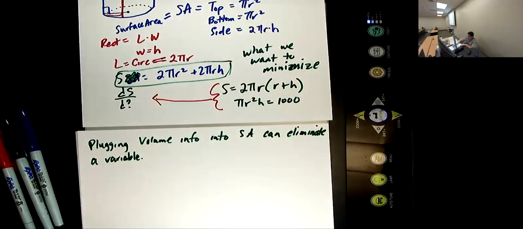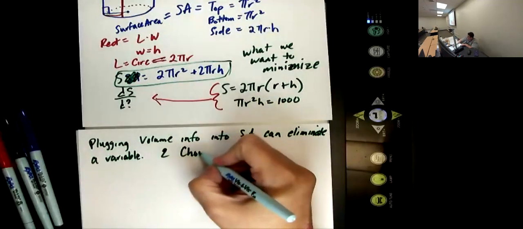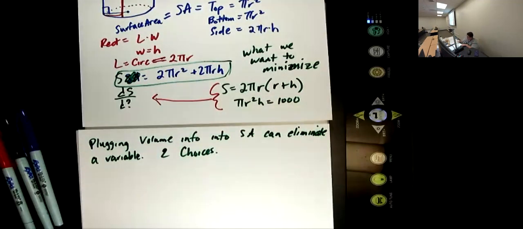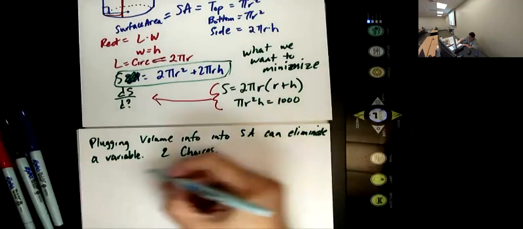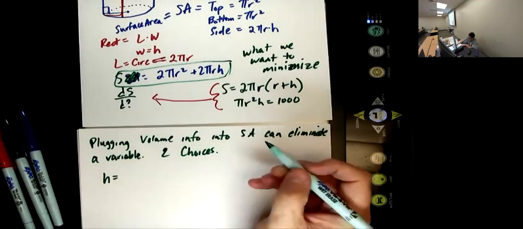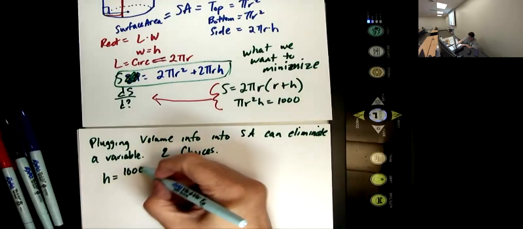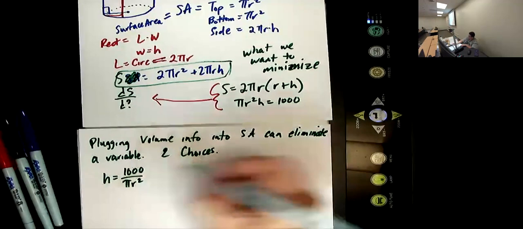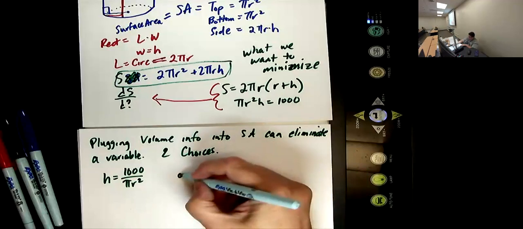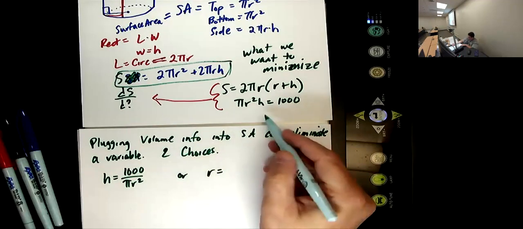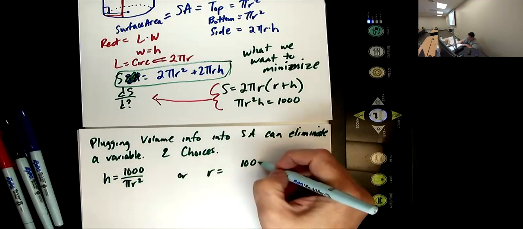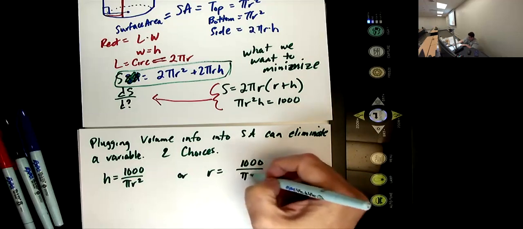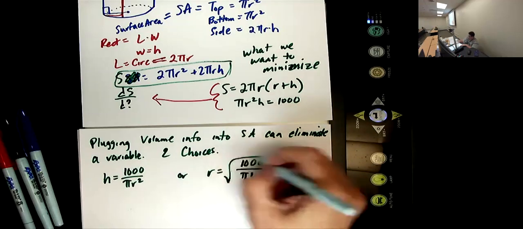We have two choices. I could use h. If I divide 1000 by pi r squared, I get h. Or I could use r, which is divide the 1000 by pi h, and then take the square root.